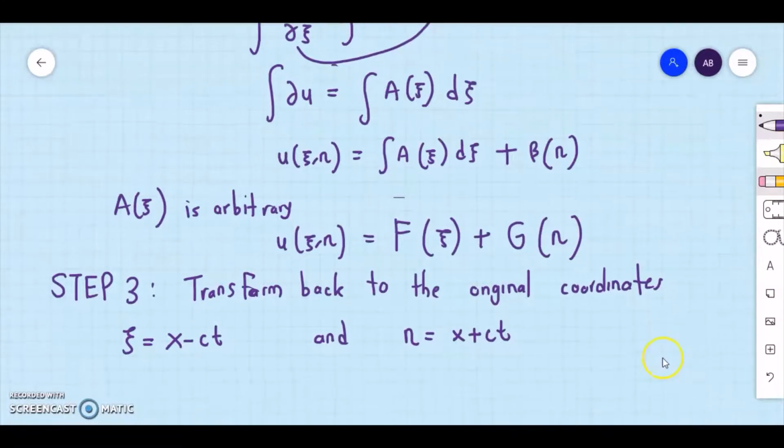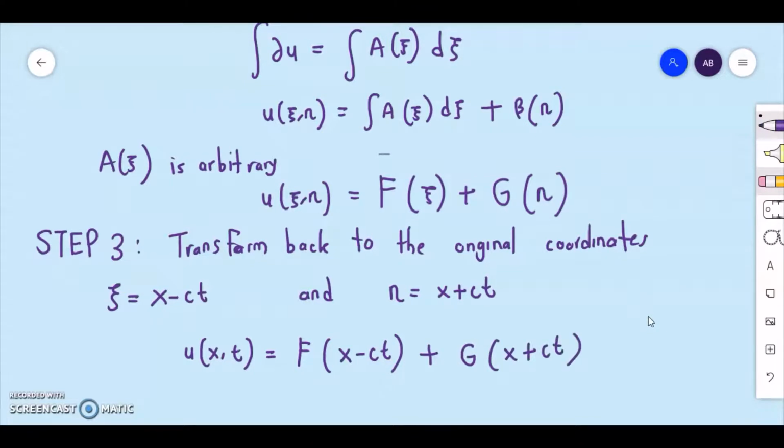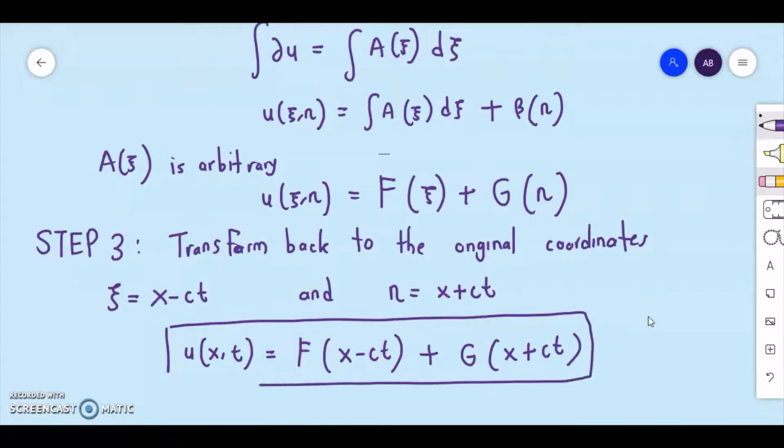So transforming back to x and t, that will give me f of x minus ct plus g of x plus ct. Now, this is a general solution to the wave equation by using D'Alembert's approach. This solution represents the sum of any two waves moving in opposite directions with the velocity c.